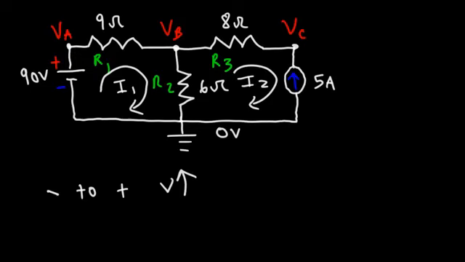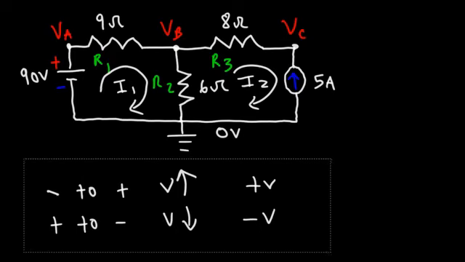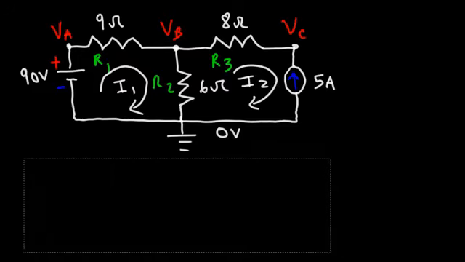So this is a voltage rise, and you're going to use a positive V value. If you travel through an element, going from the positive sign to the negative sign, the electric potential is decreasing. So you need to use a negative V sign. Feel free to write that down in your notes somewhere because we're going to use that often.